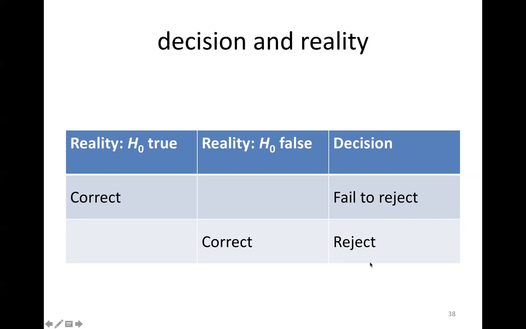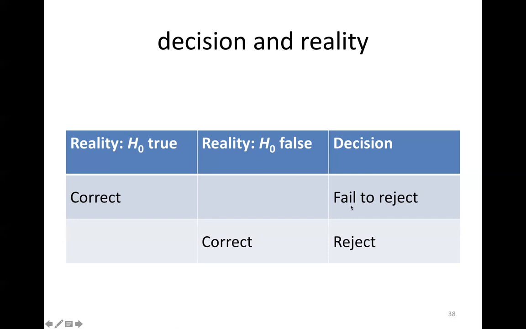In the vaccine example, the null hypothesis was there's no effect of the vaccine. And if we reject that, and if indeed the vaccine is effective, so the null hypothesis is false, we've come to a correct conclusion.